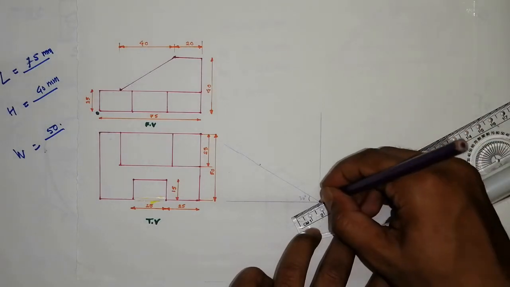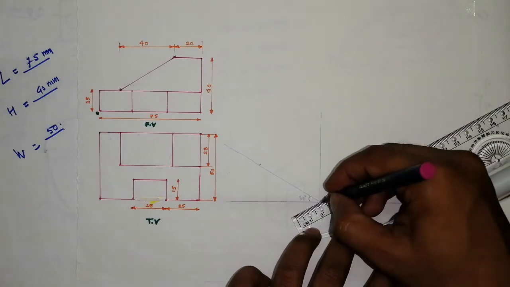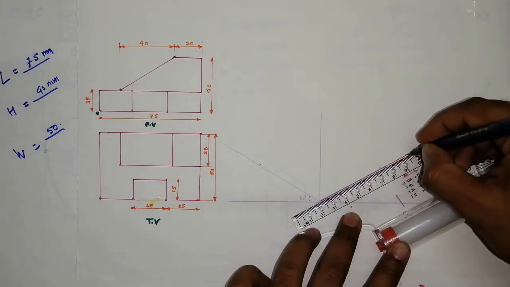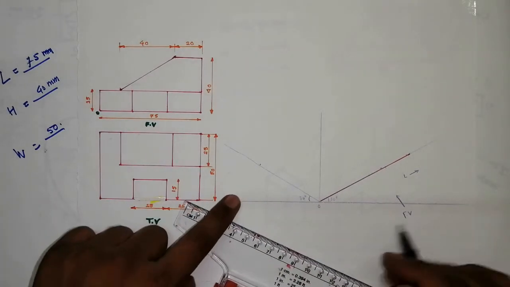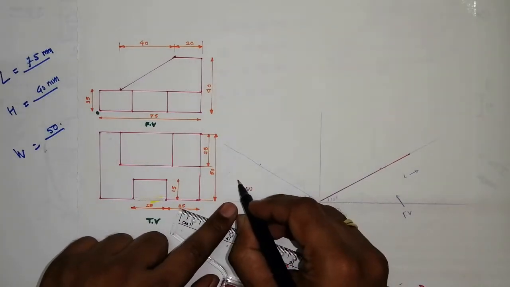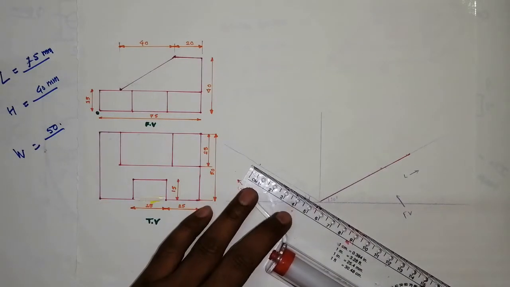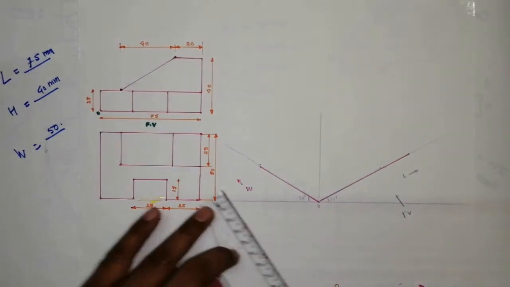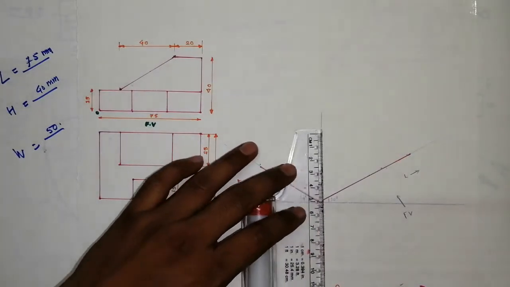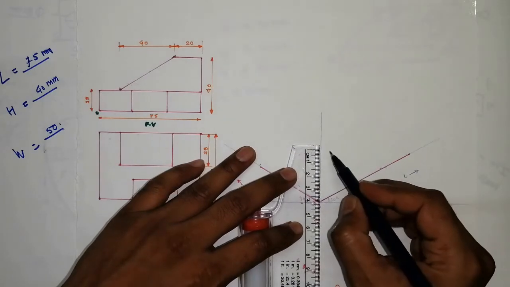Then the width comes on this axis. Width is equal to 50, so this is 50. Height will come here, so height is equal to 40 mm.